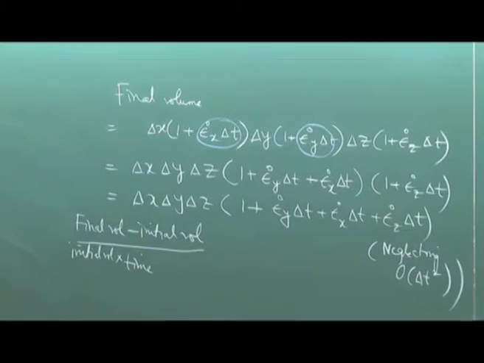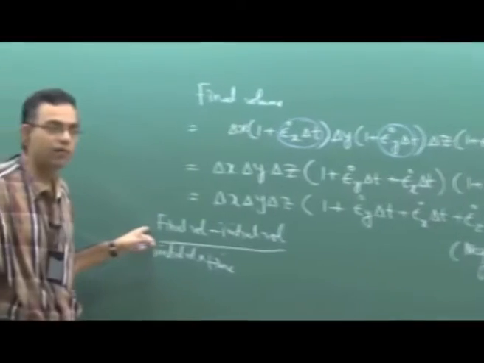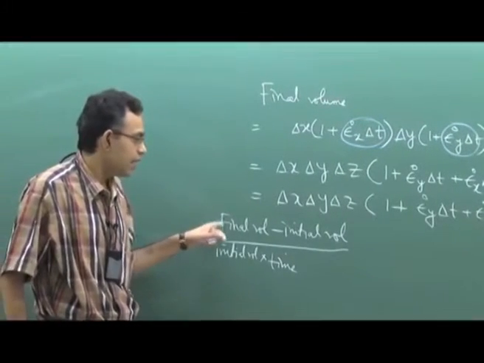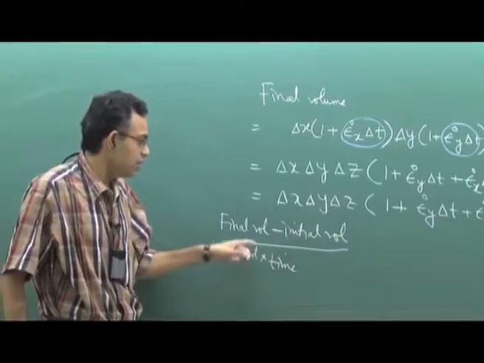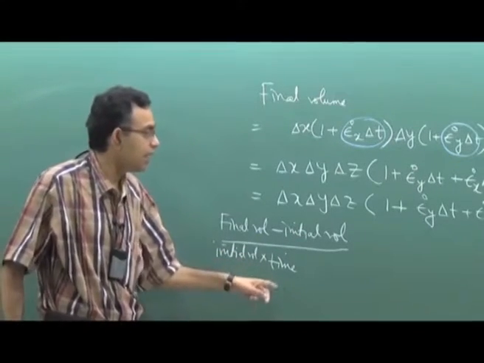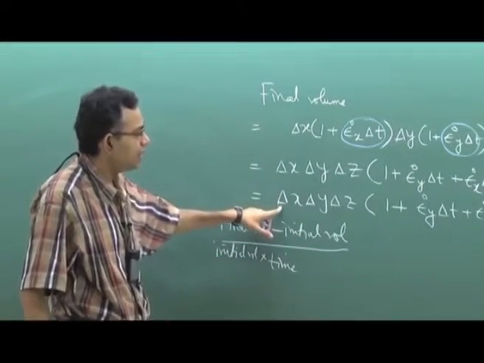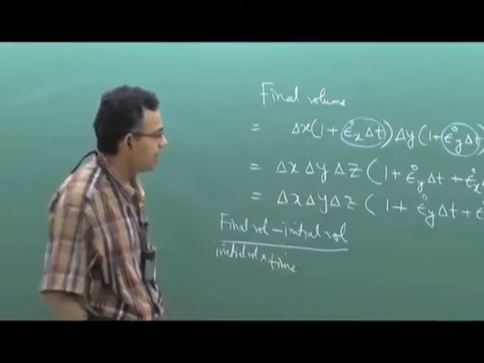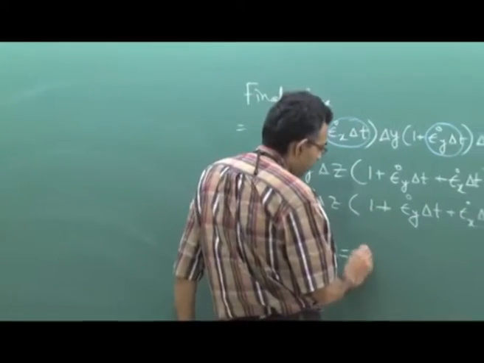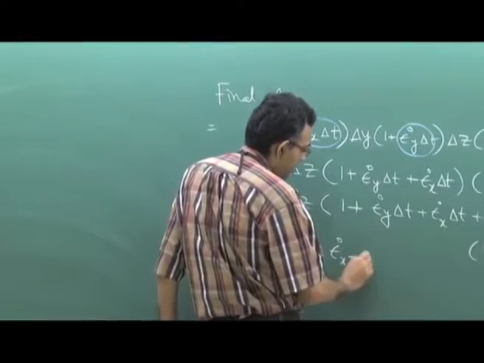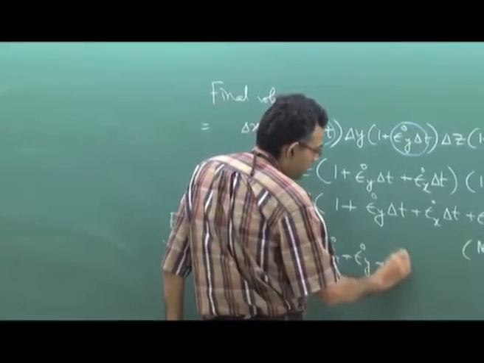What is this physically? Physically this is the rate of volumetric strain. Final volume minus initial volume divided by initial volume divided by time. So, if you subtract the initial volume and divide by this and time, you will get epsilon dot x plus epsilon dot y plus epsilon dot z.